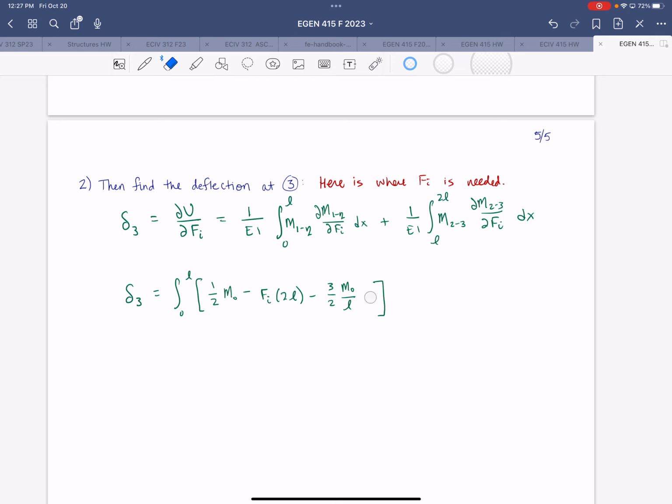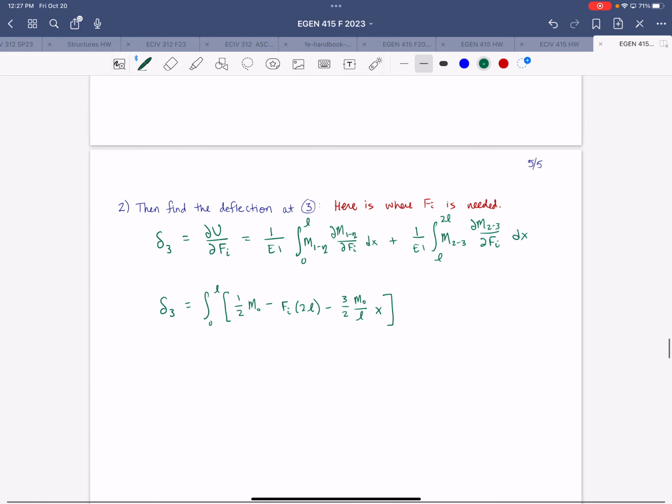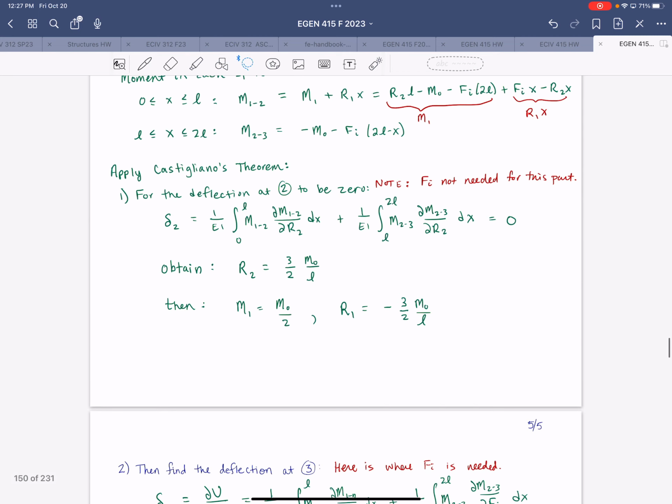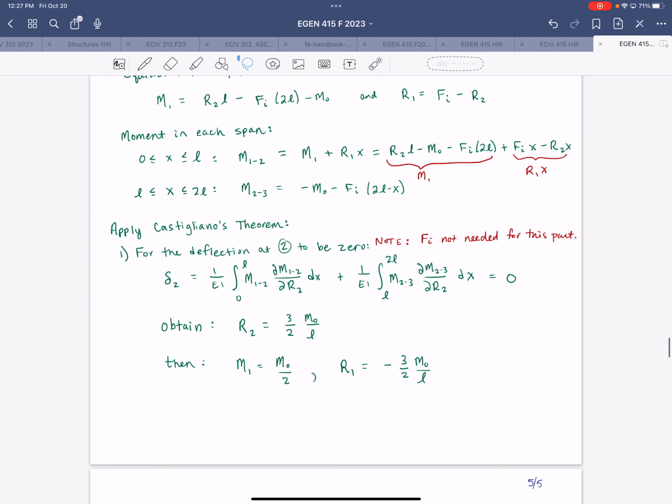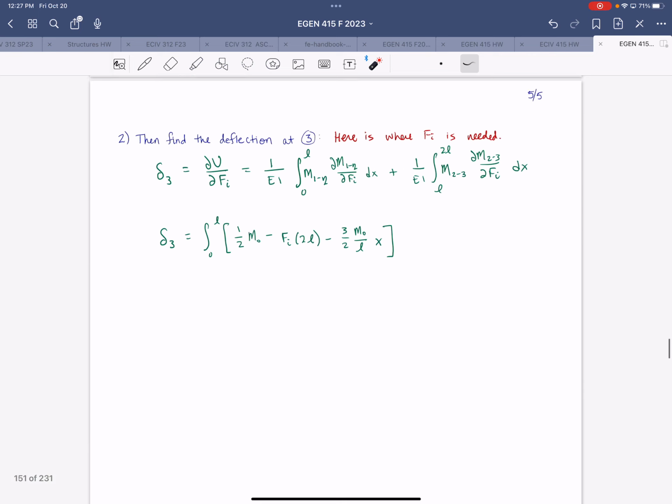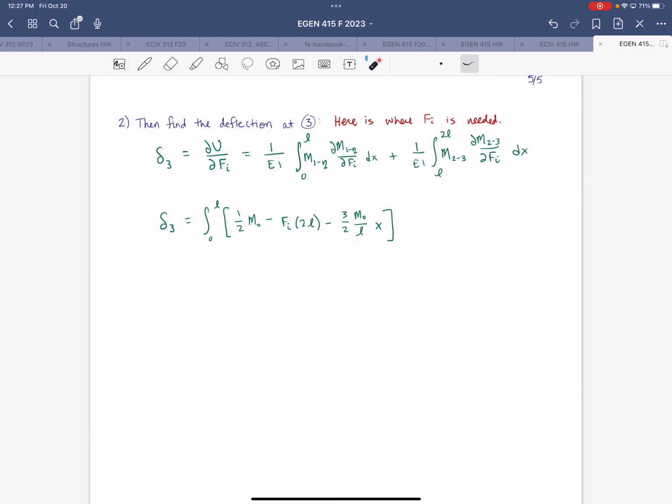So now I've substituted in what we know for R2, right? Because up above, maybe it would be helpful to rewrite those. Up above, we had M12 in terms of R2, and so plugging in this for R2 is where I'm getting this term here.